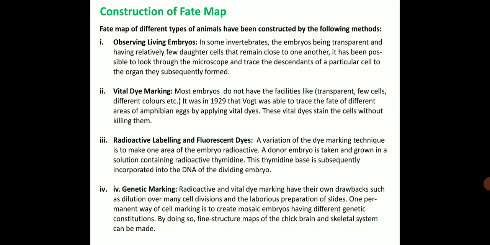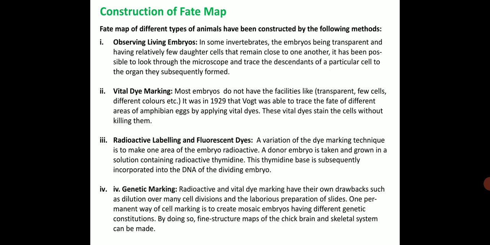Here it's not easy. There are so many methods for the construction of a fate map. Here are some of the methods by which the fate map of different types of animals can be constructed. First, by observing living embryos.